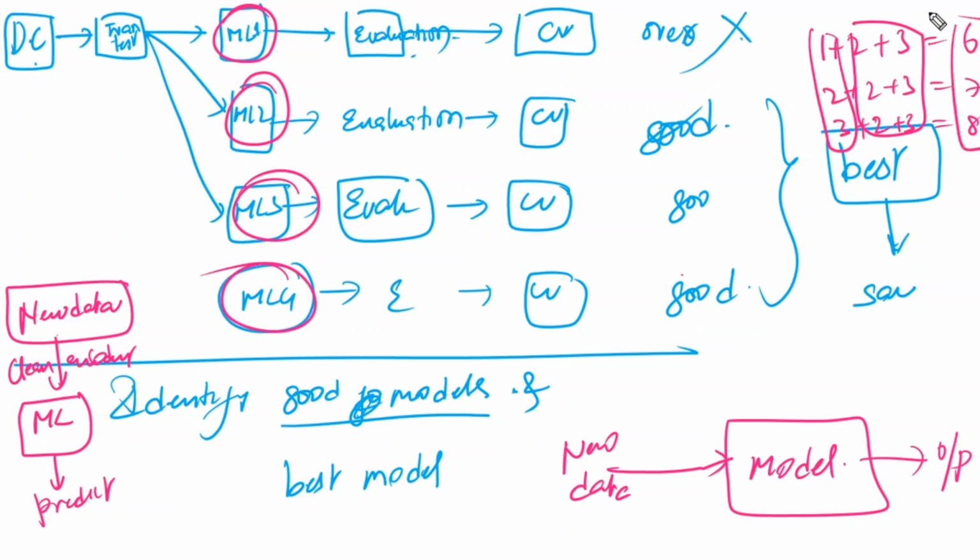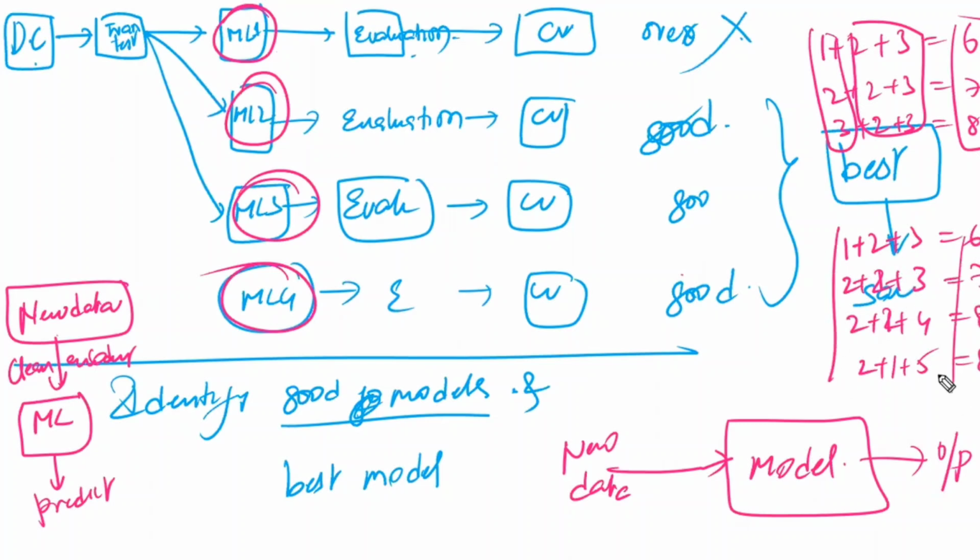Now assume instead the values are mixed: 1 plus 2 plus 3 is 6, 2 plus 2 plus 3 is 7, 2 plus 2 plus 4 is 8, 2 plus 1 plus 5 is 8. Now how can you identify the relation, and for which values it is increasing or decreasing?